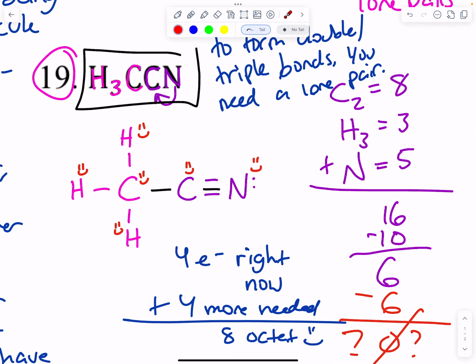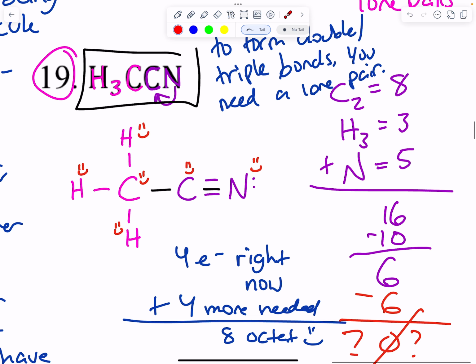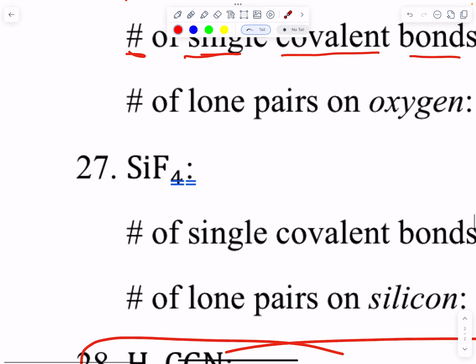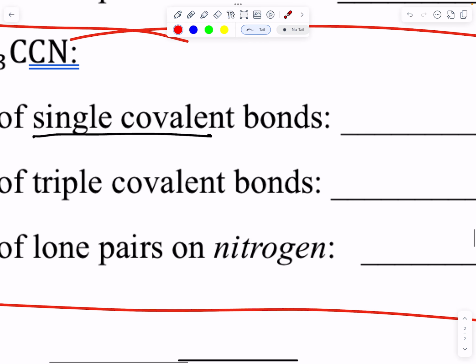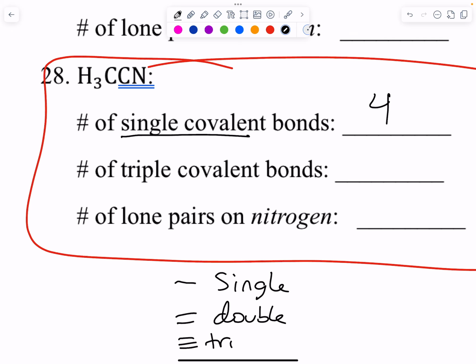I can count 1, 2, 3, 4 singles. So I just have 4 single covalent bonds in this molecule, and I will write that down. This is a single. This is a double. And this is a triple.